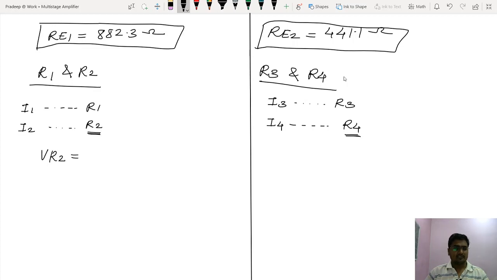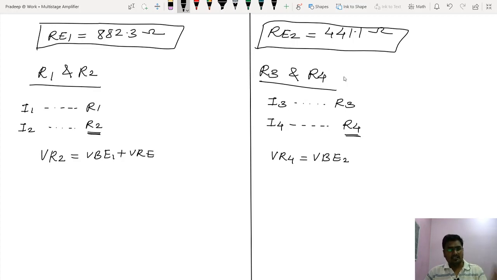But voltage across resistor R2, we know it very well, it is VBE plus VRE. We have used the same equation so many times. Here also I can copy the same thing. VR4 is nothing but VBE. Here I am supposed to write VBE1 and here VBE2.